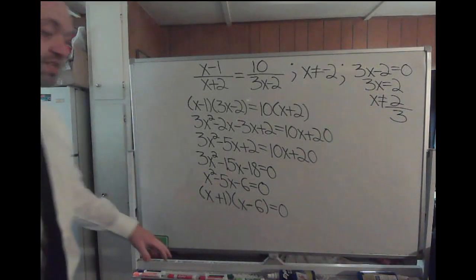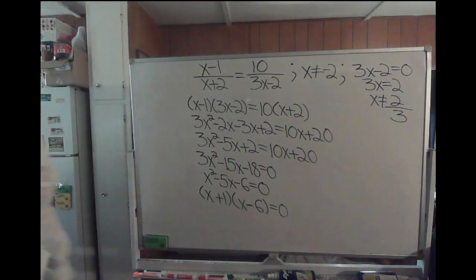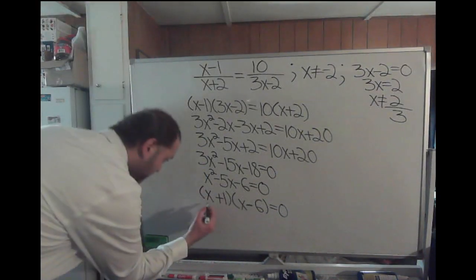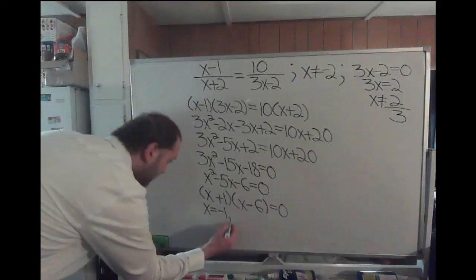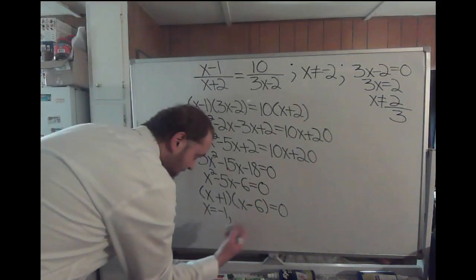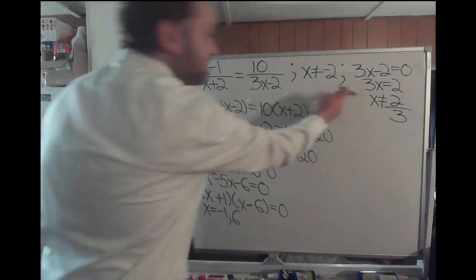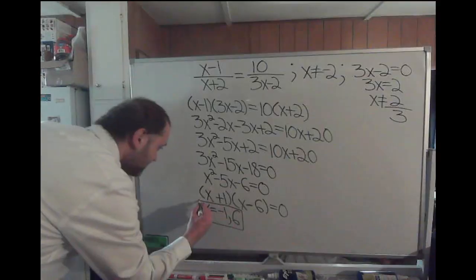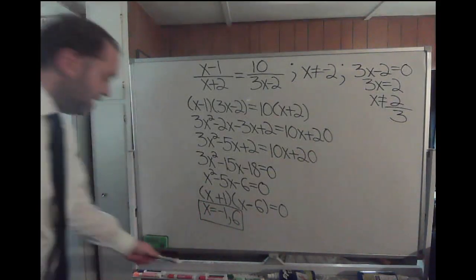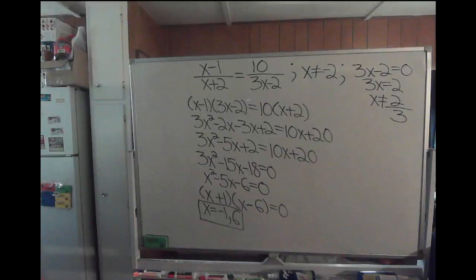So this factors into the quantity of x plus 1 times the quantity of x minus 6 equal to 0. Now just set both of your factors equal to 0. You would get x equals negative 1. And then you would get x minus 6 equal to 0. That would give you positive 6. And neither of these solutions are excluded. So your two solutions to this proportion are x equals negative 1 and then positive 6.